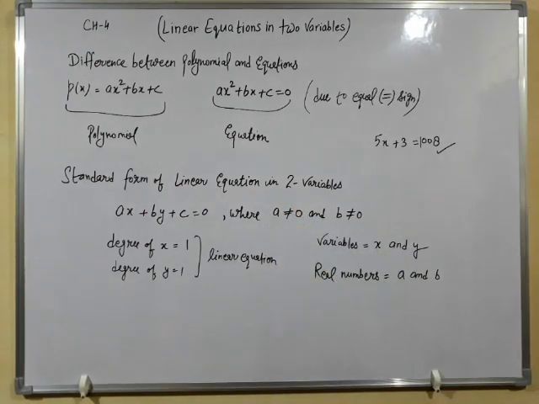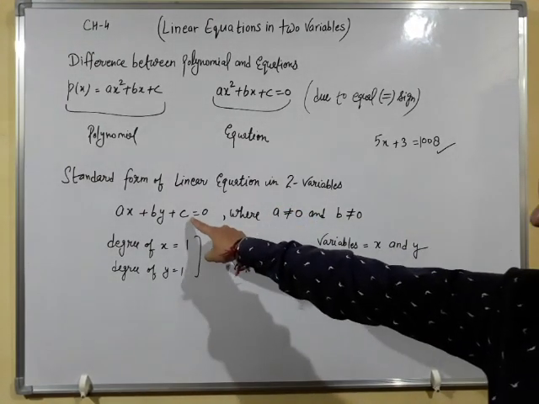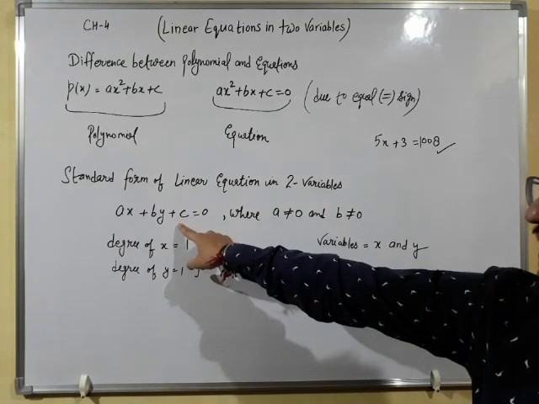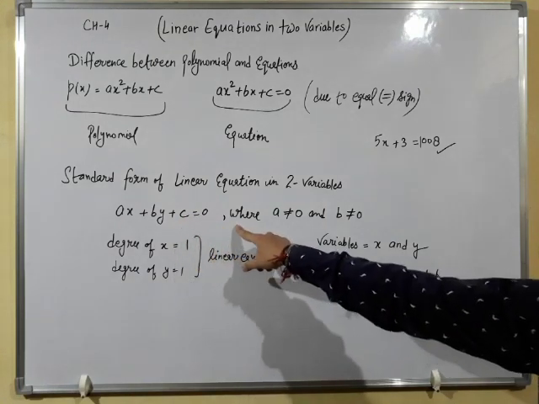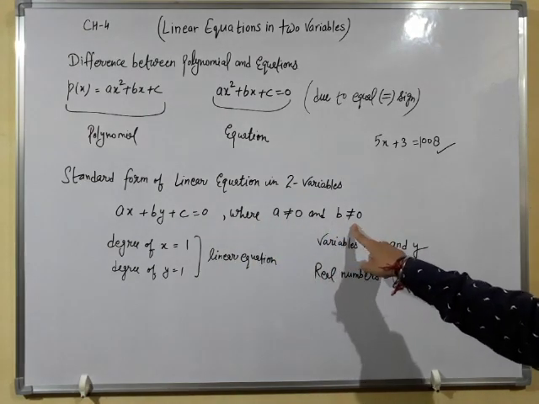So the standard form of a linear equation in two variables is ax plus by plus c equals 0, where a and b cannot be equal to 0.